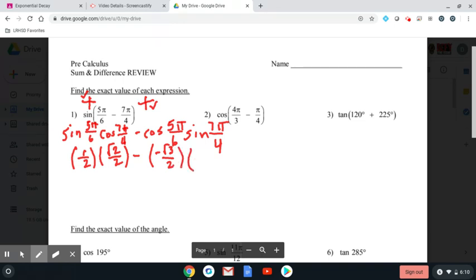And then sine of 7 pi over 4 is going to be a negative root 2 over 2, because we're in quadrant number 4. Now we're going to multiply each of these fractions together. The left side gives us root 2 over 4, minus the right side, which ends up giving us a positive root 6 over 4. Now let's combine our numerators to get root 2 minus root 6, all over 4.